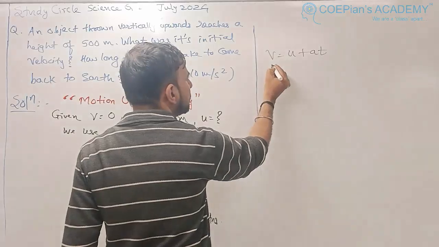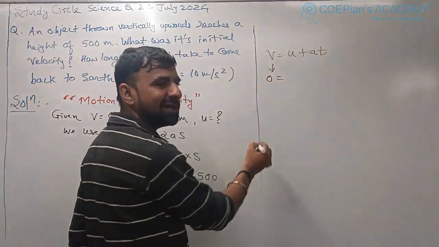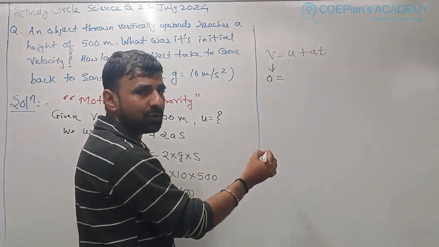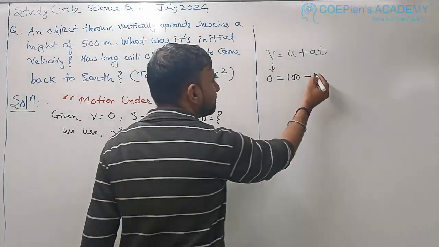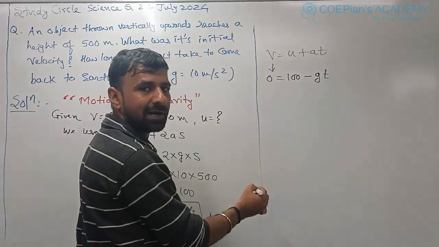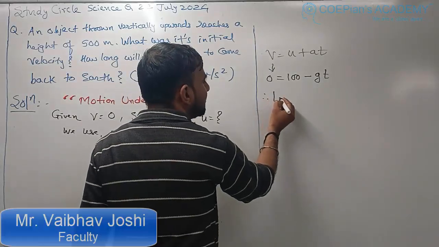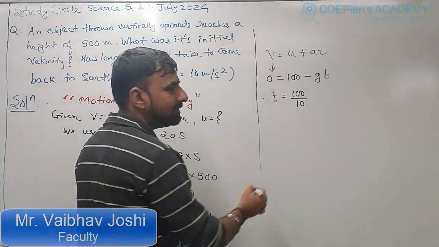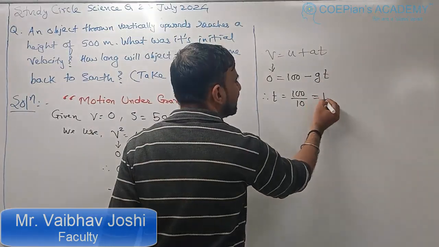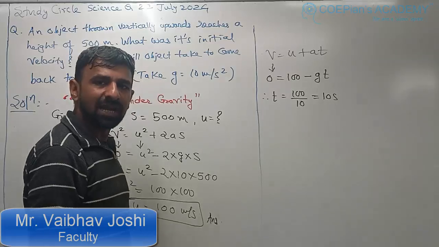Why this formula? Because we have to find out time only. Again we know final velocity v is 0. Just now we have obtained u as 100. Again a is equal to minus g, and t we have to find out. Therefore t is equal to 100 upon 10, because g is given to be 10. So this is going to be equal to 10 seconds, right?